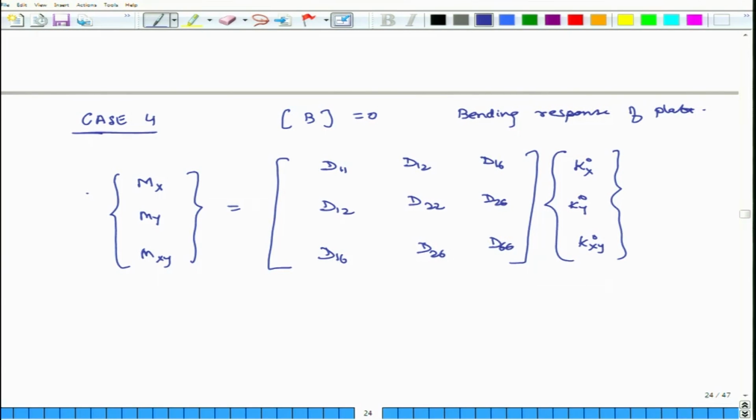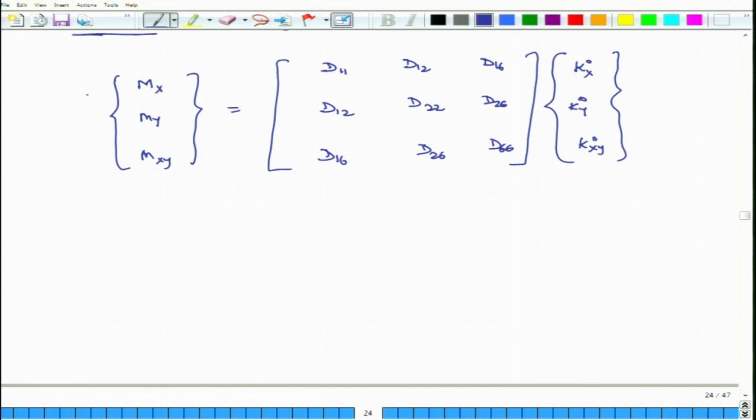So, if the B matrix is 0 and I am applying only moments on the system, then these are the equations. If N is 0, then the first 3 equations are irrelevant, because only moment resultants are being applied. Again, we should understand what kx, ky and kxy are.